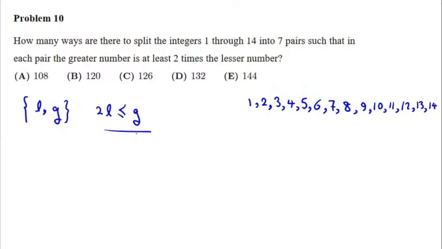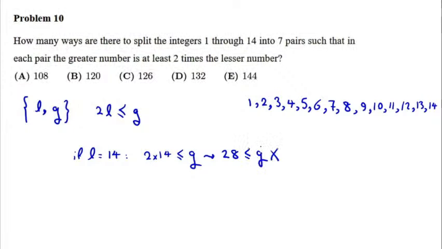By this definition, for example, if L equals 14, then 2 times 14 should be less than or equal to G. So 28 should be less than or equal to G, and it's a contradiction. We know the greater one is at most 14. So 2L is less than or equal to 14, so L is at most 7. So the lesser number can only be between 1 and 7.